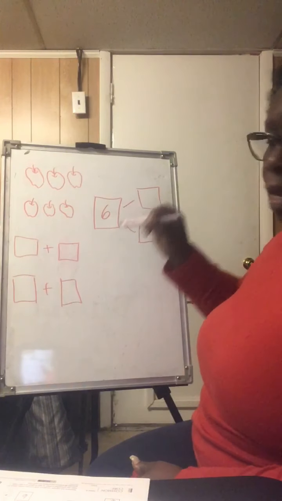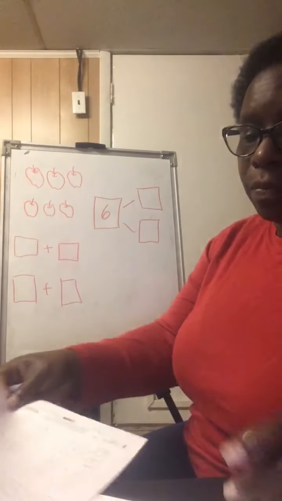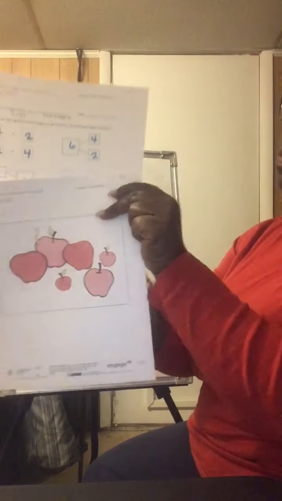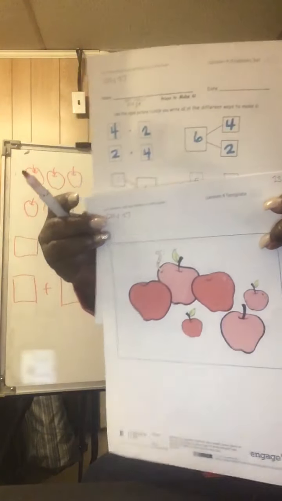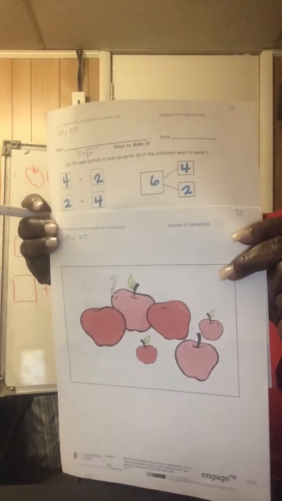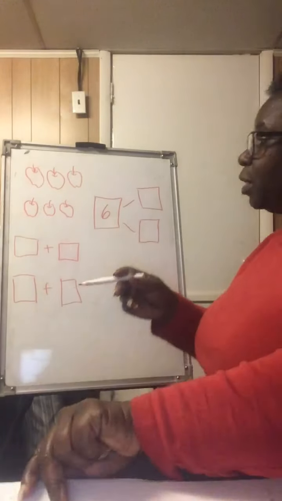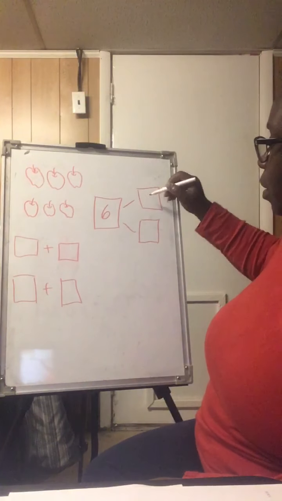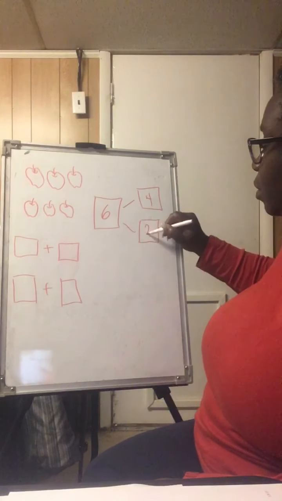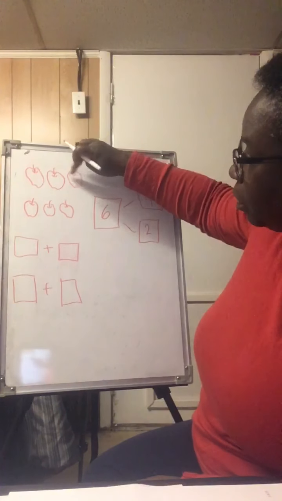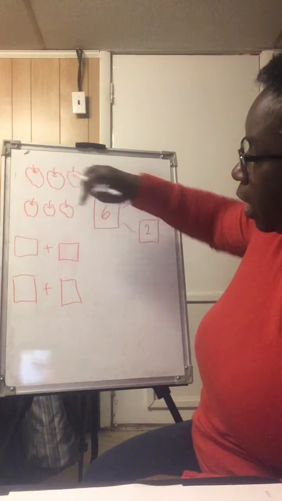So on our example, number 1, the first one, let's look at our first one. They use 4 and 2. So they use 4 and 2 because you can do 4 apples, 1, 2, 3, 4, and 2 apples.